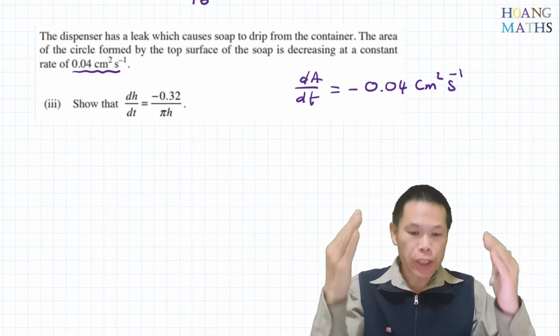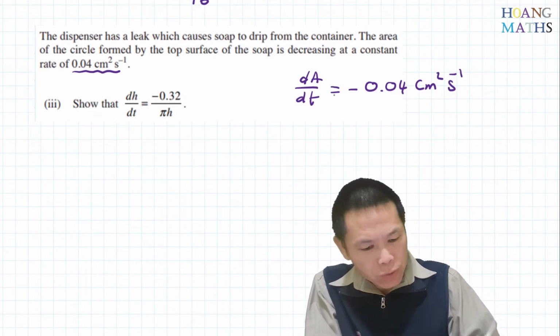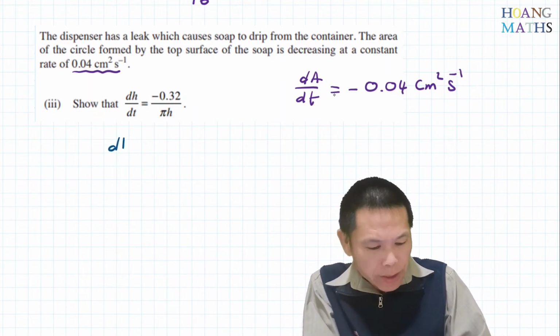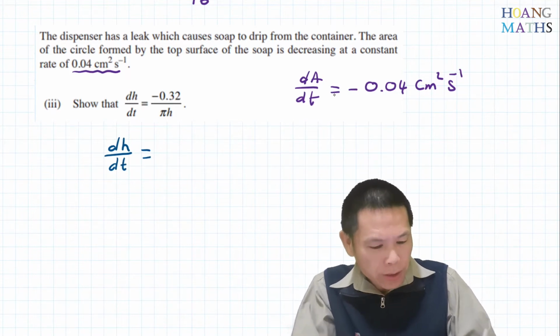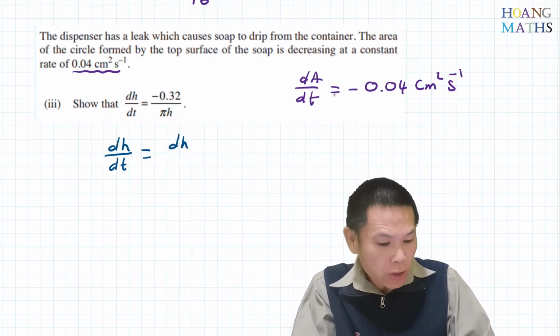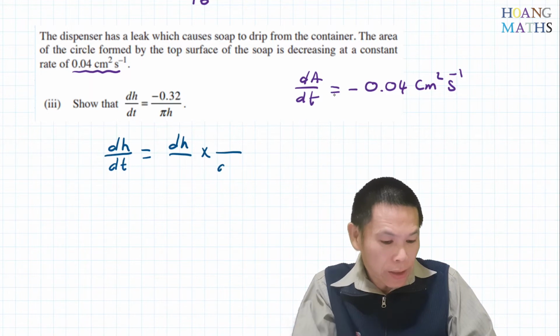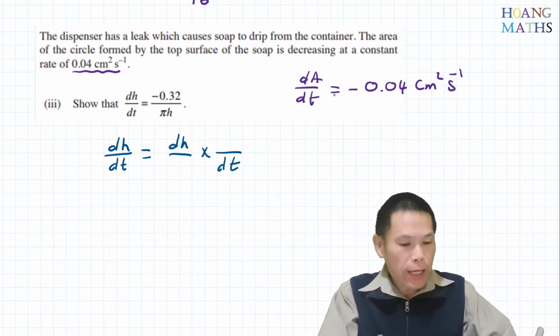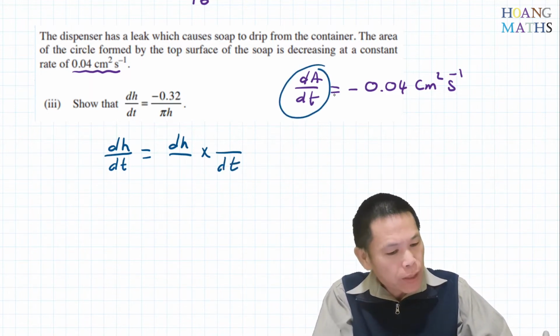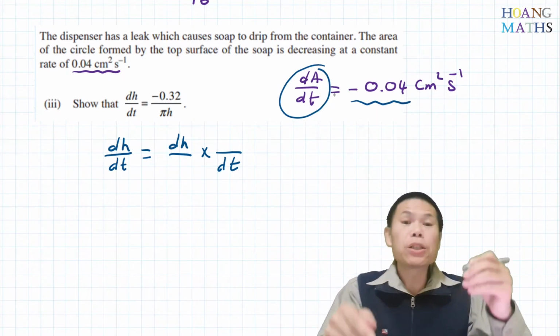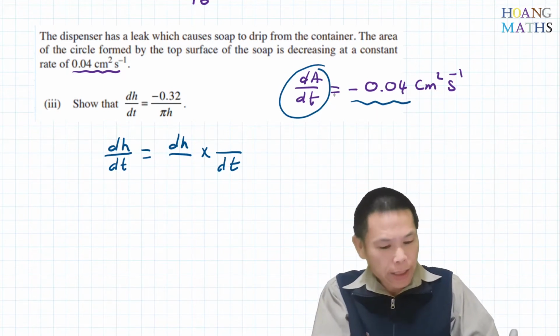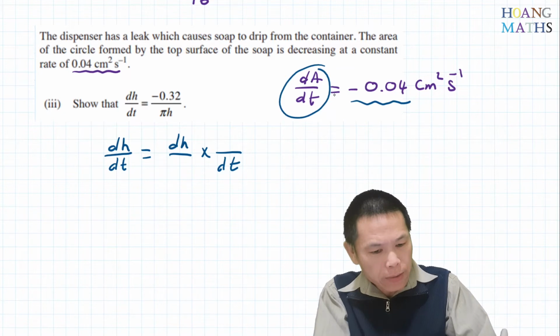Now to find dh/dt, first of all, let me just write this down. dh/dt is equal to dh over dt, and we know that dA/dt is equal to this. So that means we can use dA.